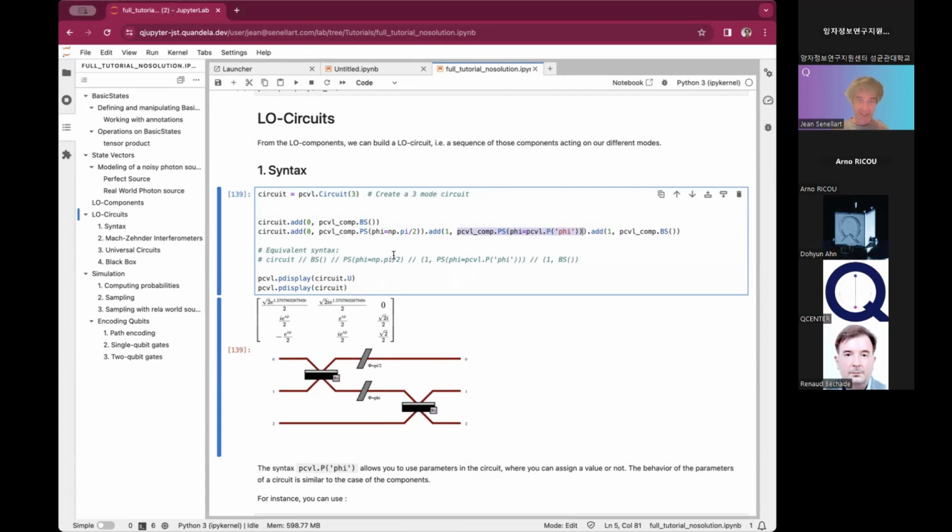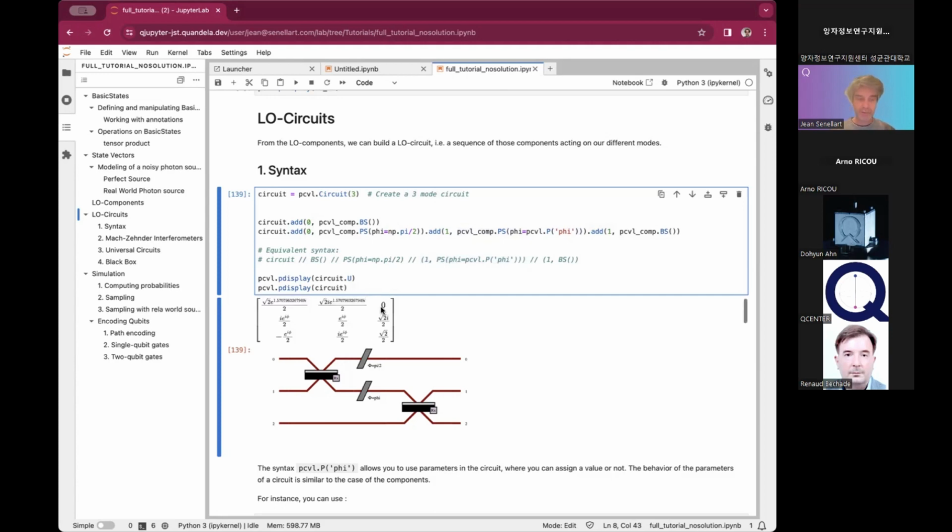There is an alternative syntax that you can use, which is simply the double slash syntax. It is exactly equivalent. If you are adding at the top, you don't need to specify 0. Otherwise, you specify the position by adding a tuple, where the first element is the position and the second is the component. You can display the unitary exactly as we saw with a component.